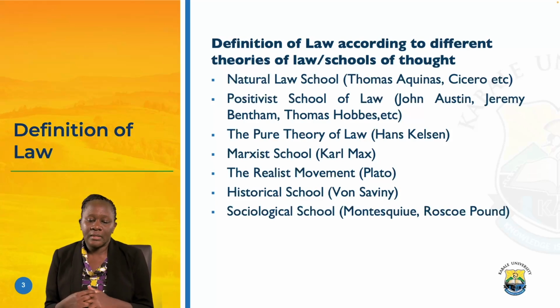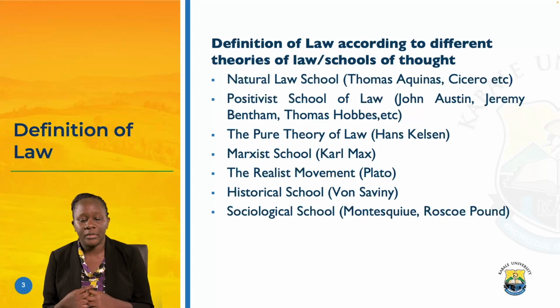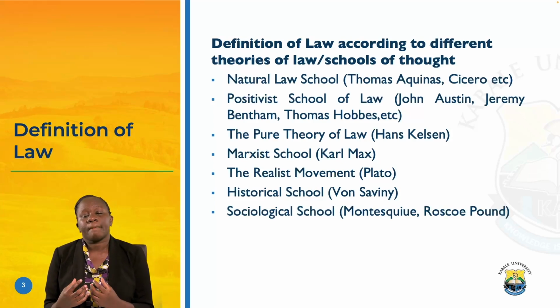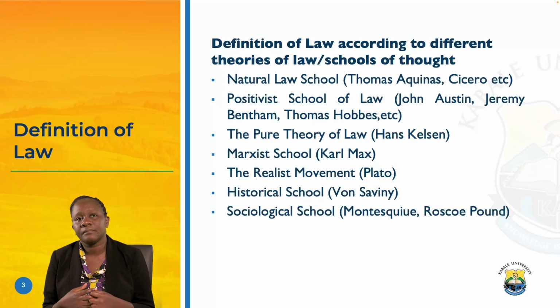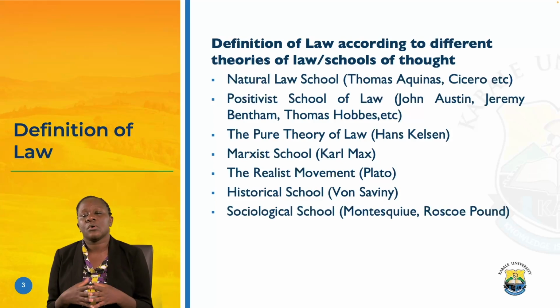We then look at John Austin, Jeremy Bentham, Thomas Hobbes, among others, who are the proponents of the positivist school of law. The positivists argue that law are those commands that are given by a sovereign, that whoever is in power and whatever they dictate is what should be law.